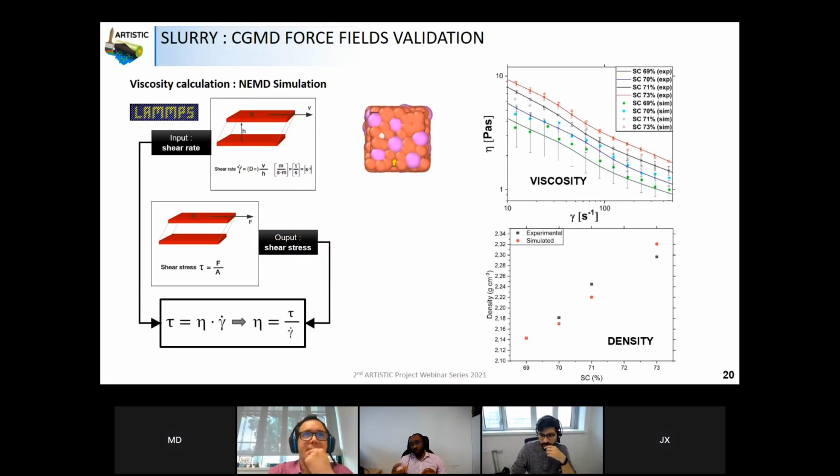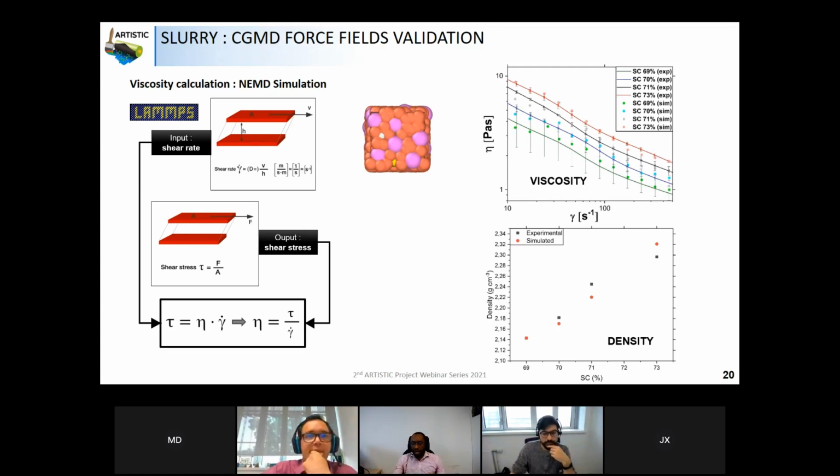So the amount of solvent changes. You can see clearly, for example, you have 69, 71, and so on. So we increase the amount of solid content, so we decrease the amount of solvent. So we can see clearly that if we change the amount of solvent in the model or in the experiment, you will change the property of the system. For example, the viscosity will change.